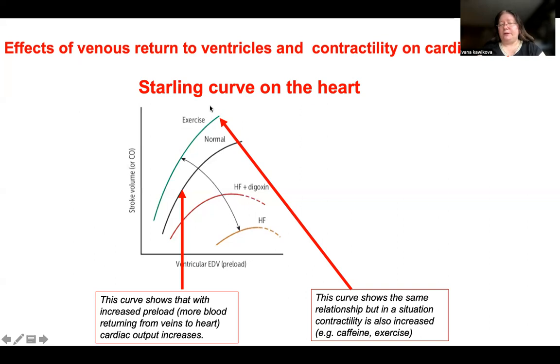This can be achieved by exercise, by giving some inotropic medications, or for example, caffeine, right? And when our body is responding to a situation where the cardiac output needs to be increased, both things happen. So increased venous return will bring us here, but also increased contractility, when it's added, will bring us here.